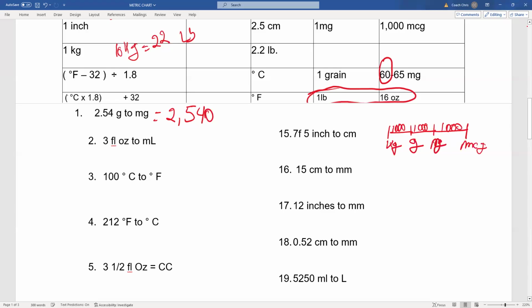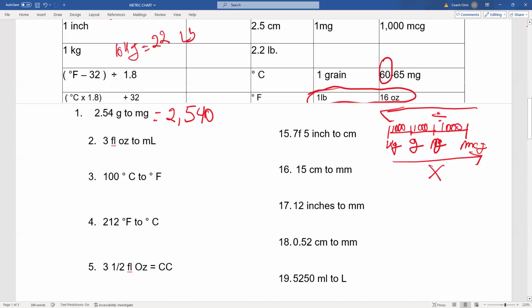Milligram to microgram, 1,000. If I go from kilogram to milligram, I multiply by a million, 1,000 times 1,000. Kilogram to gram is only 1,000. Same thing when I go from a gram to milligram, it's only 1,000. Since I'm going from left to right, I'm going to multiply. When I go from right to left, that's where I'm going to divide, okay? So for gram to milligram, we are moving from left to right, so we'll multiply.